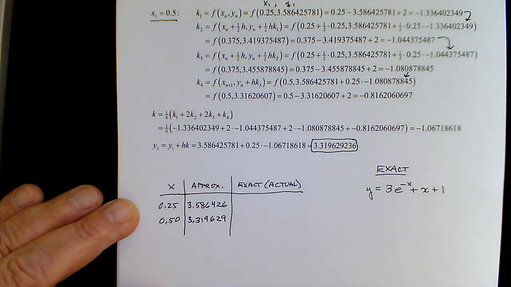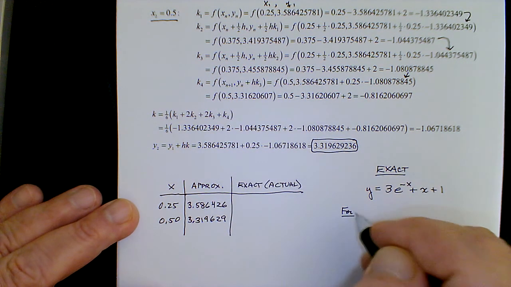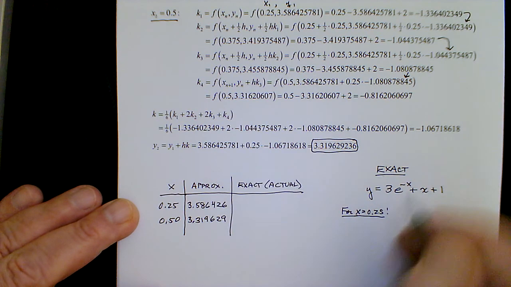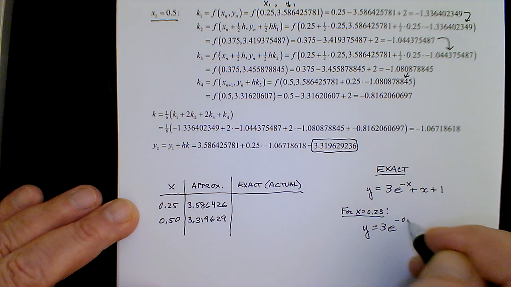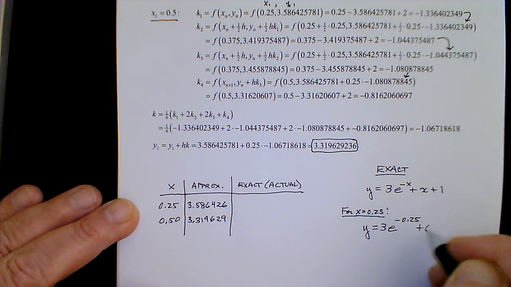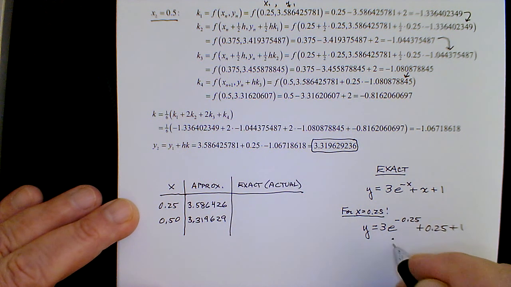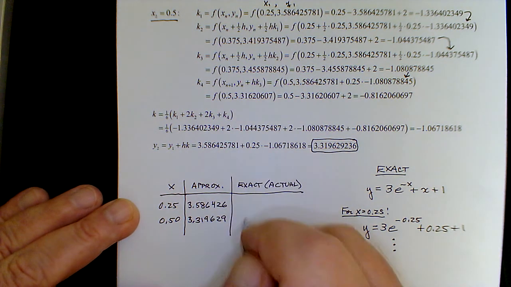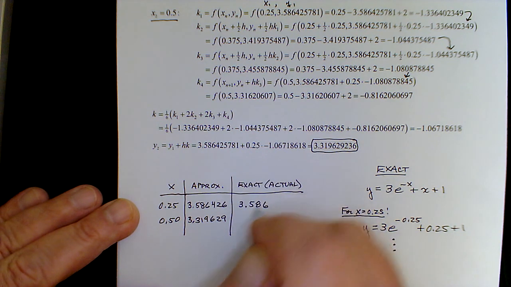And if we do the exact, let's say for x equal 0.25, it's just plugging a 0.25 in here for x, so 3e to the negative 0.25 plus 0.25 plus 1. Let's put dot dot dot at that point. And the exact solution for that is 3.586402.